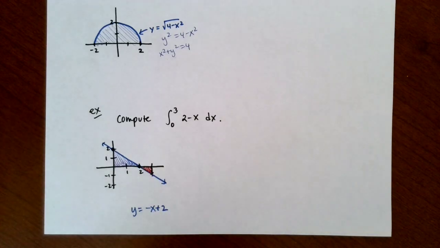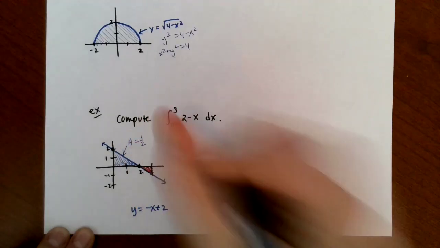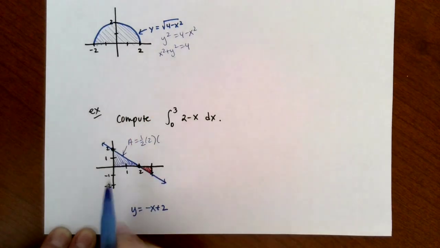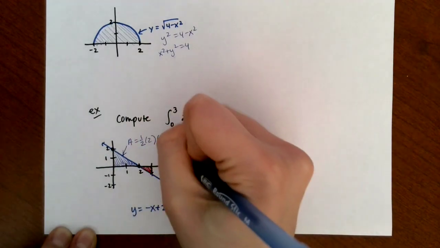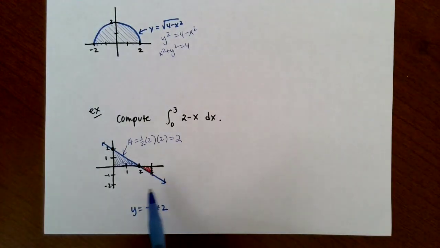Okay, so for each of these, we'll do 1/2 base height. 1/2 for the blue here, the base is 2. And the height is also 2. So this positive area comes out to 2. For this little triangle down here, this at x equals 3 is not one of the points that I had plotted. So I'm just going to quickly double check the location of this point.